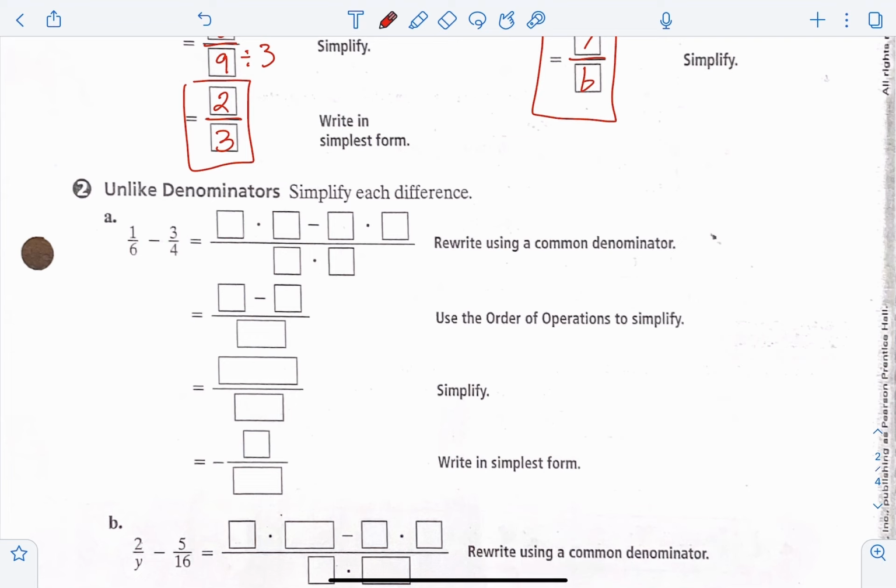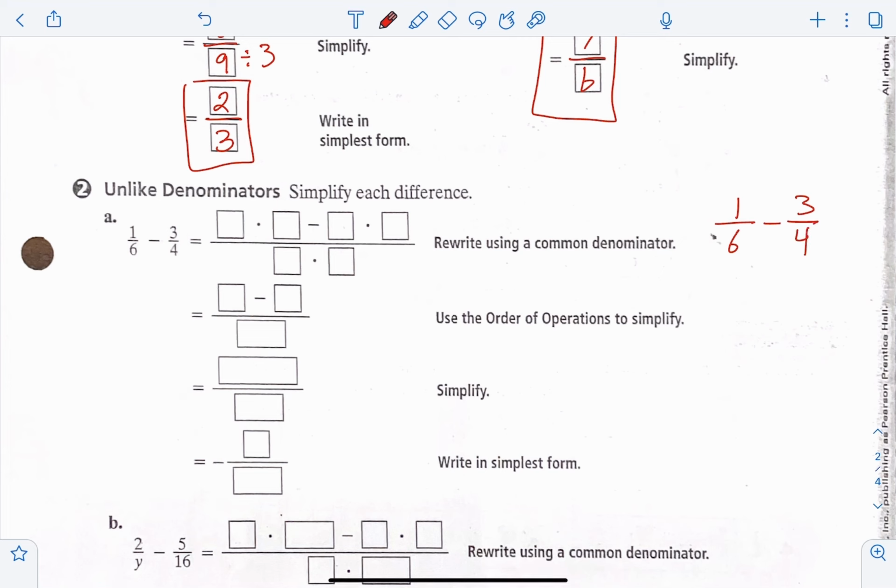So if we have 1 over 6 minus 3 over 4, the smallest, easiest thing that we could make them both have would be 12. But another trick, if you don't just off the top of your head know what the smallest thing would be, then you can just use the opposite denominator.